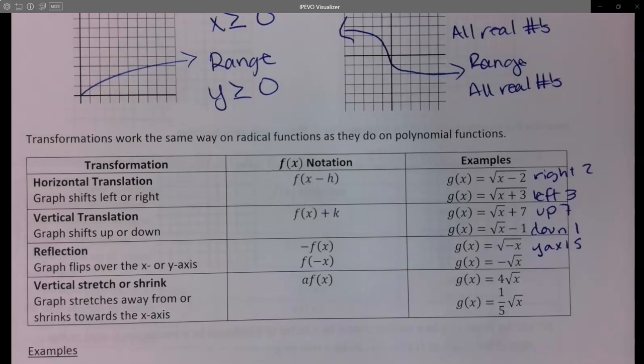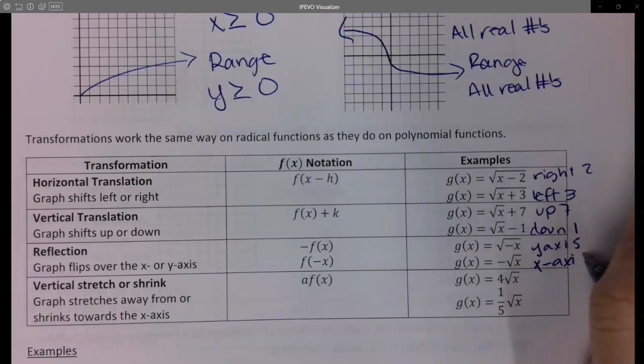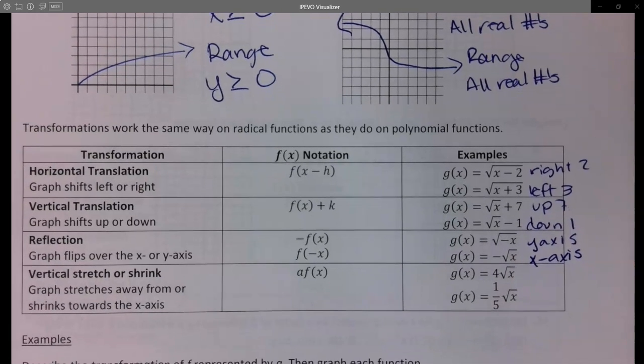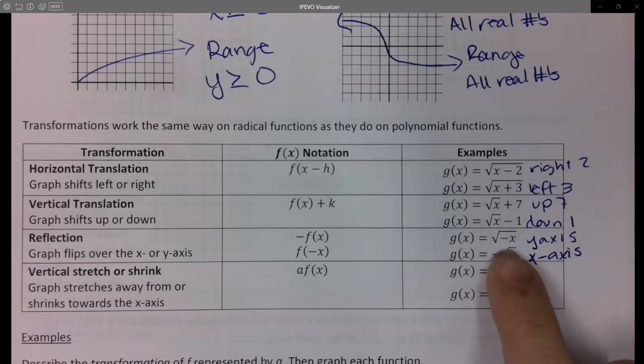And the one outside the radical is the x-axis. I like to think of it like it's opposite of what it would seem. So if it's in front of the x, it doesn't flip the x, it flips the y.